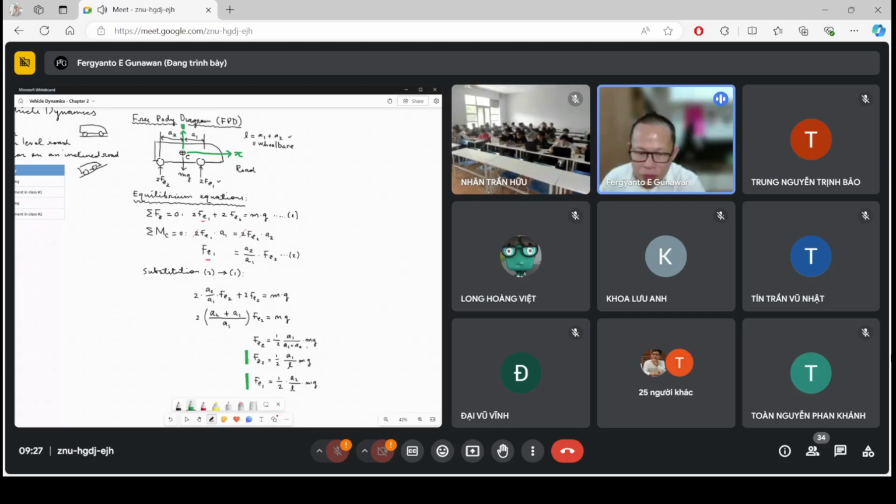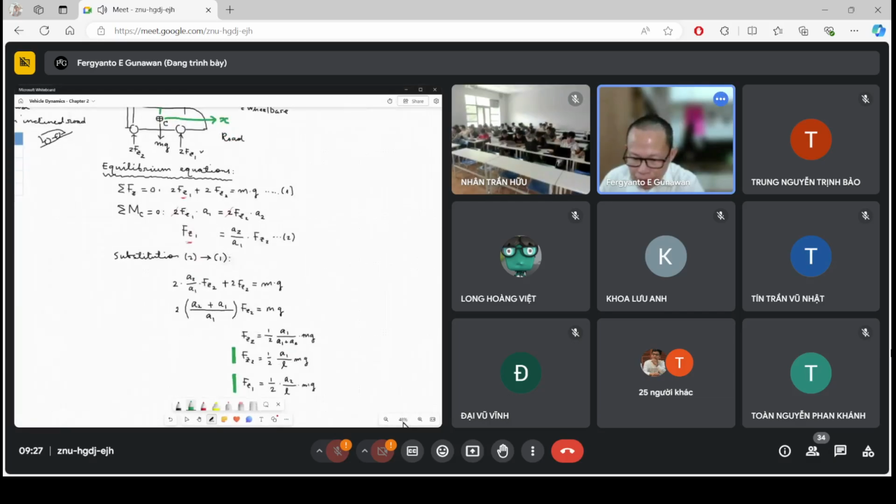Now you have these equations. We are going to solve a very simple problem here. This one we call a normal force on the wheel.